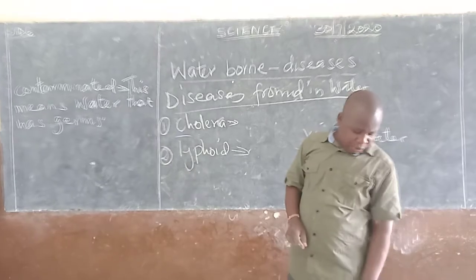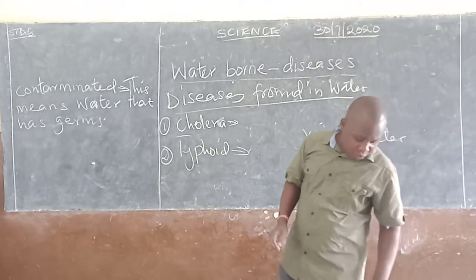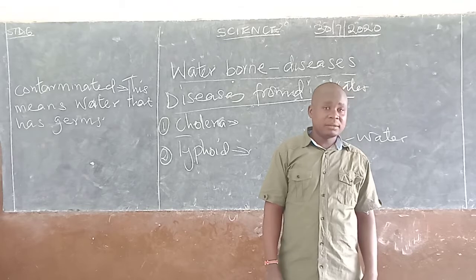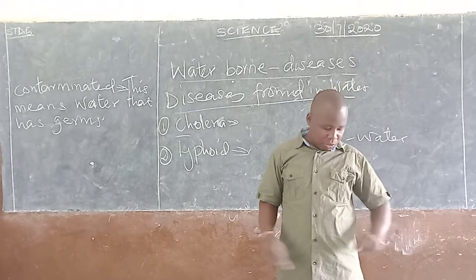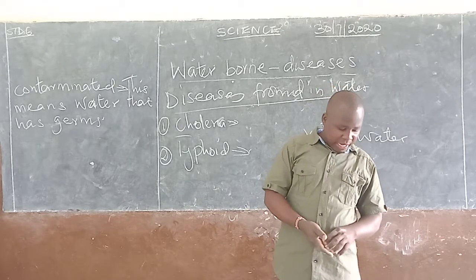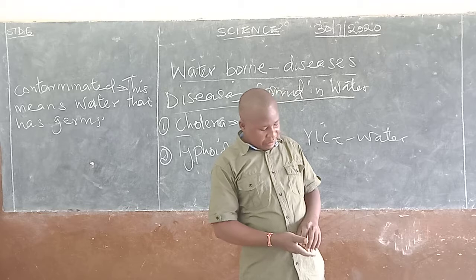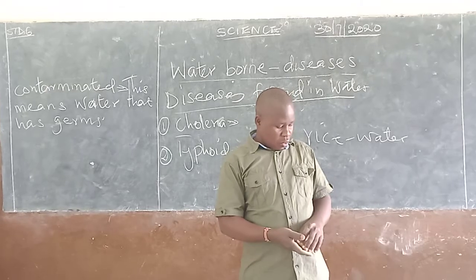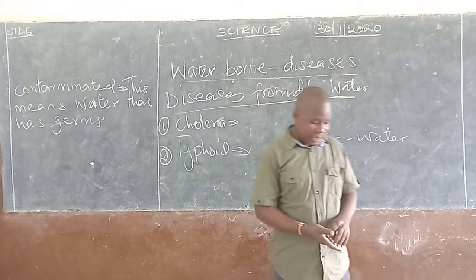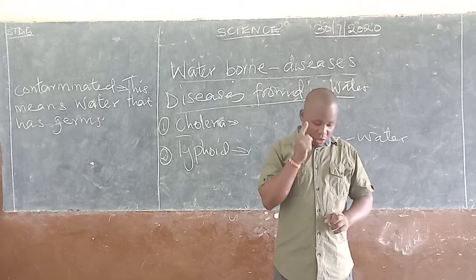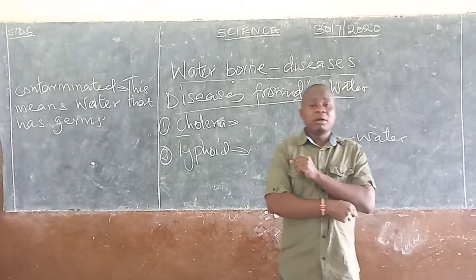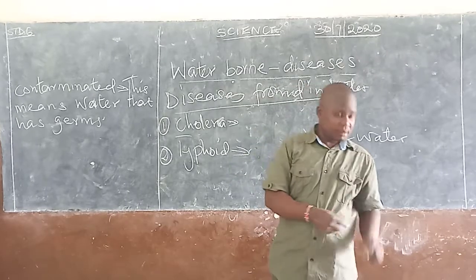Then we have how to prevent typhoid. Drink water that has been boiled or treated. That applies to both. Eat vegetables and other foods that have been thoroughly washed and cooked, which also applies to both. Wash your hands with soap before eating, and dispose of feces properly.